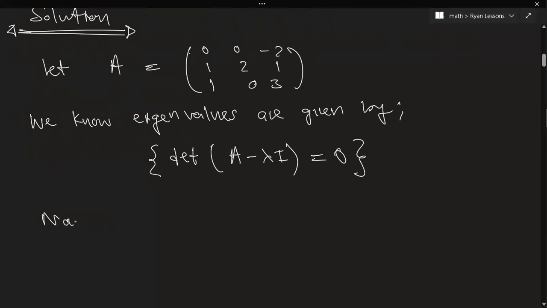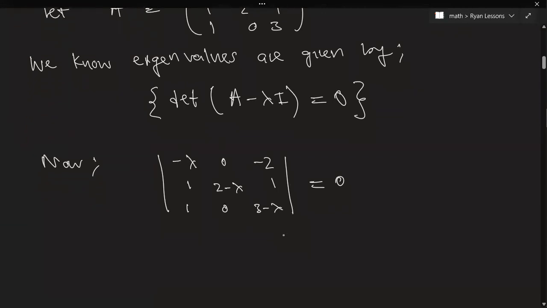So now what is the determinant? The determinant of this matrix is written as: minus lambda, 0, negative 2, then 1, 2 minus lambda, 1, then 1, 0, 3 minus lambda, equal to 0. This is what we refer to as the characteristic equation.